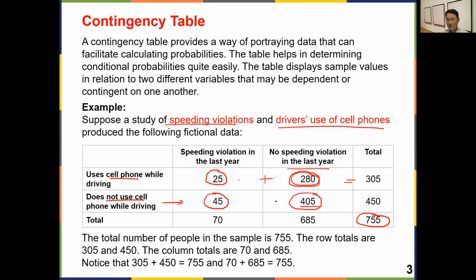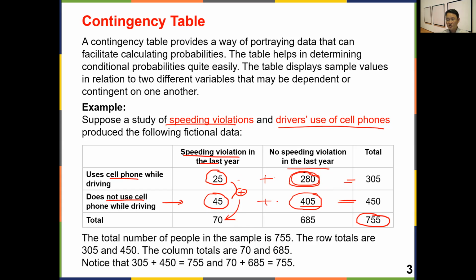So if you add these two numbers, of course you get this number right there, 550. Now, if you're just interested in how many of them have speed violation last year, then you add these two and get this number, right? So 70 of them got the speed violation last year.